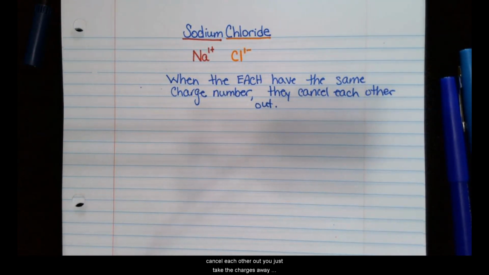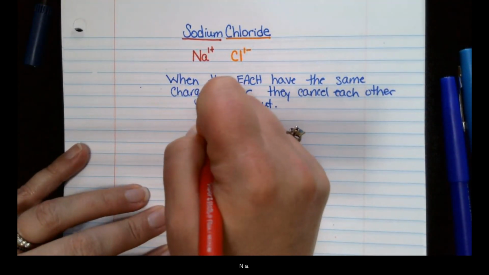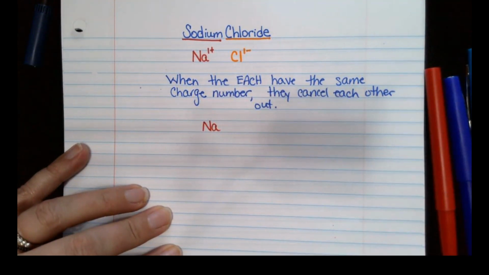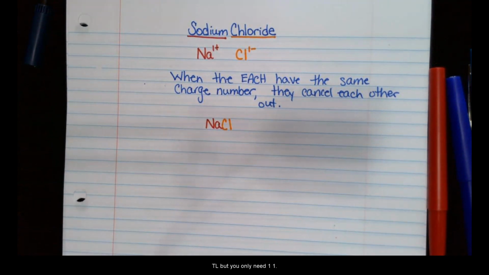So when they cancel each other out, you just take the charges away and you make the compound. So that becomes NaCl, because you only need 1 of each to balance out the charges.